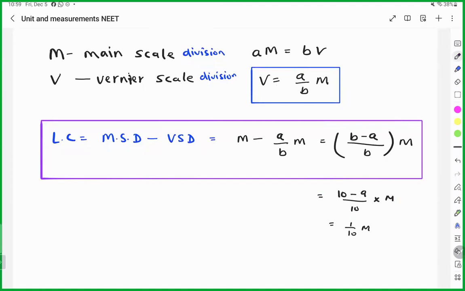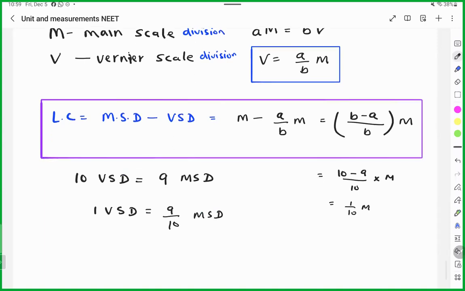Usually what happens is that the tenth of the Vernier scale division will coincide with the ninth of the main scale division. So what will be one Vernier scale division value? 9 by 10 of main scale division. Correct? Any doubt? And if you want to calculate least count, how to calculate it?